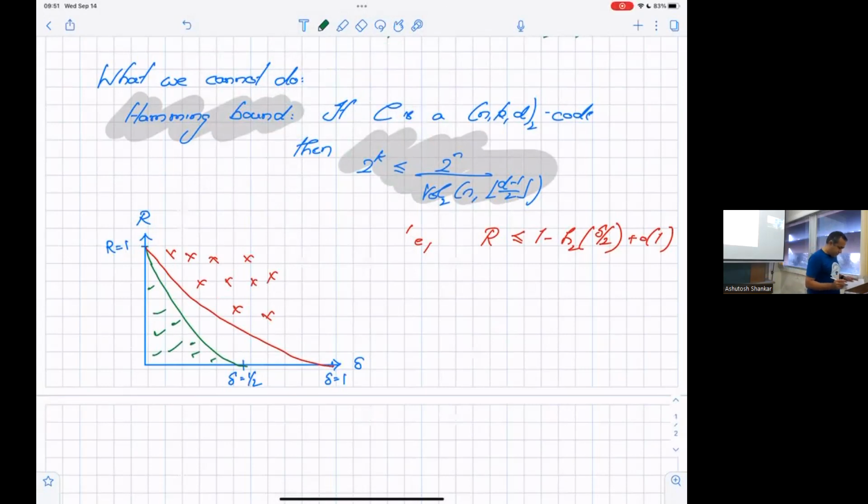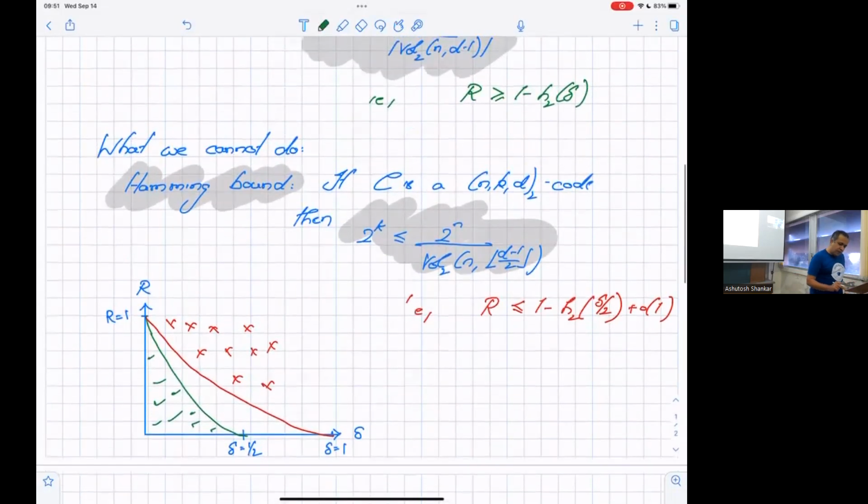One thing I want to stress: recall in the proofs of both of these, we had used this fact. What had we used? We had used the fact that Vol_2(n, pn) is less than or equal to 2^(H_2(p)n). Which proof did we use this in?